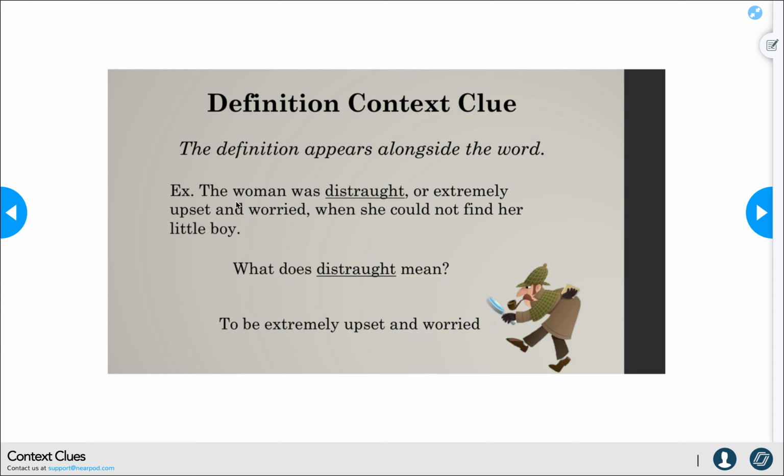So for example, the woman was distraught, or extremely upset and worried, when she could not find her little boy. So what does distraught mean? Well, we see this "or" right here, which is normally an indicator that they're going to say another way to say it or provide the definition. So we know that distraught means to be extremely upset and worried. Let's look at another example.